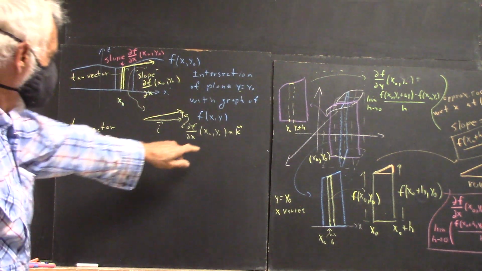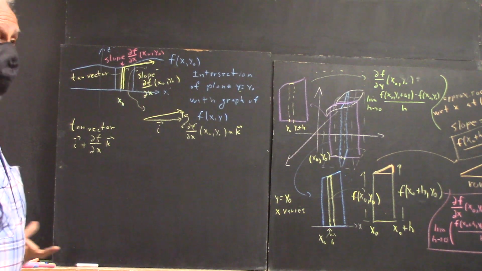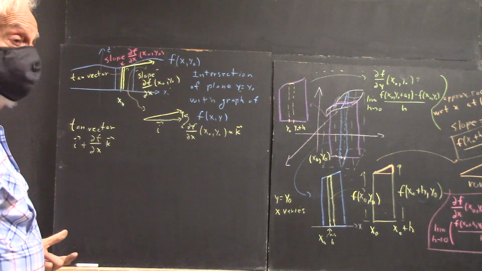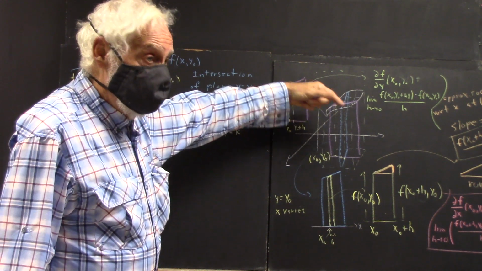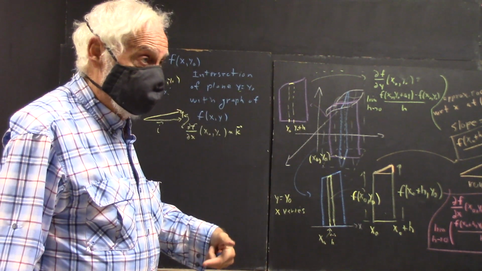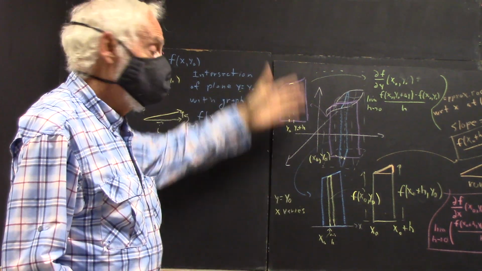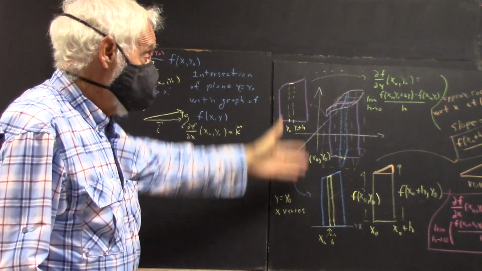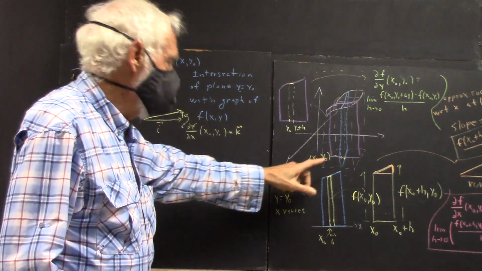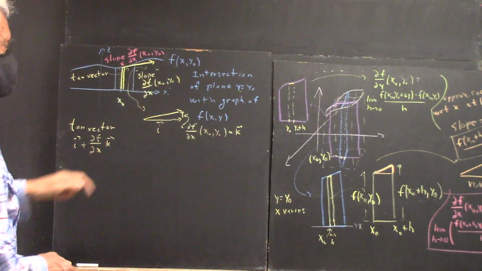And now I'm going to suppress the x naught, y naught. You just understand that at whatever point, if you want a tangent vector to this surface within the plane defined by a fixed value of y, y equals y naught, we get this tangent vector.